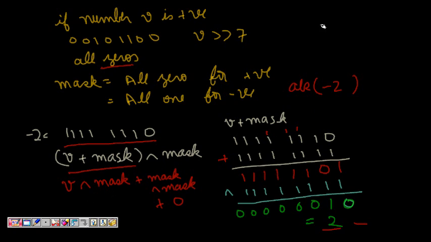Let's see for minus 2, 1 1 1 1 1 1 1 0, XORed with the mask of all ones.